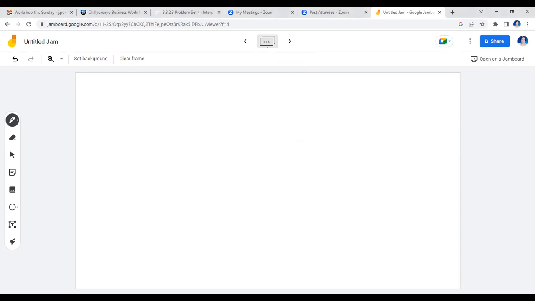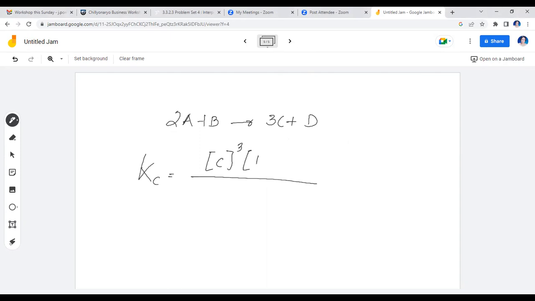Multiply. Let's say, for example, you have 2A plus B forming 3C plus D. Your equilibrium constant for this would be the concentration of C at equilibrium raised to 3, times the concentration of D, over the concentration of A raised to 2 times the concentration of B. This is all at equilibrium. So you multiply the concentrations raised to their coefficients.